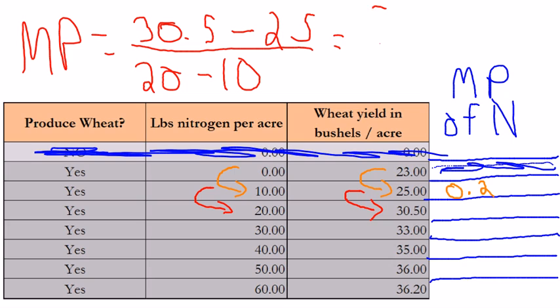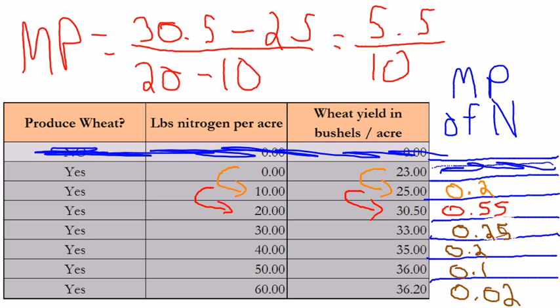We get 5.5 divided by 10, or 0.55. And when I do the calculations for all the other rows, I get the values you see here.